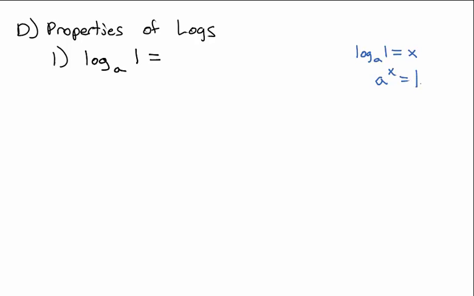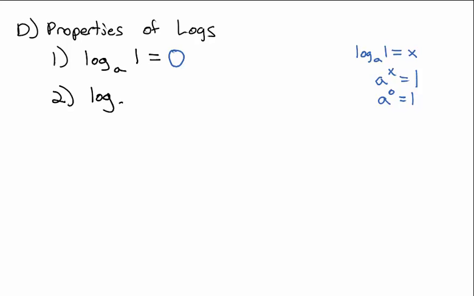What exponent will always give us an answer of 1? Anything to the 0 power is always equal to 1. So the log of 1 will always be equal to the exponent of 0. That's our first property you should know.